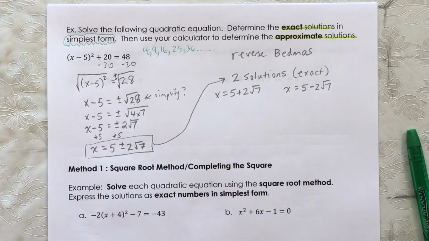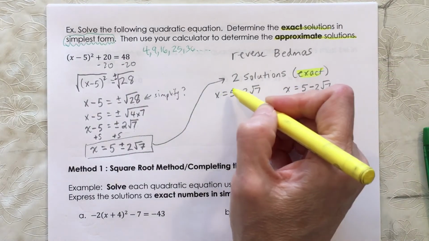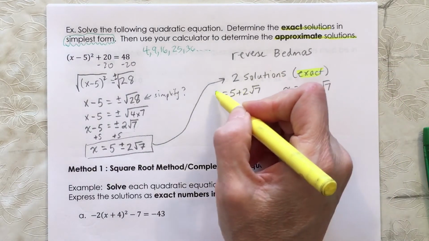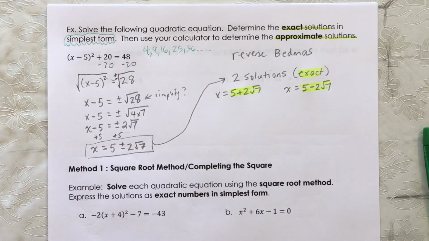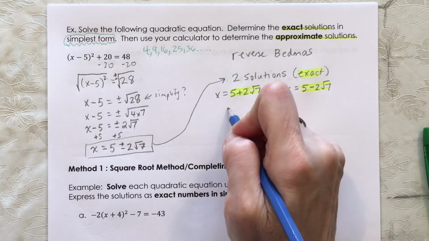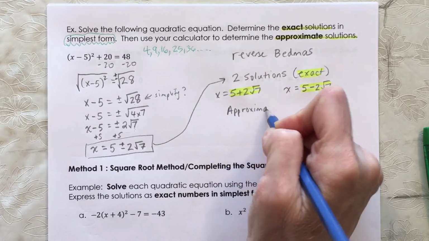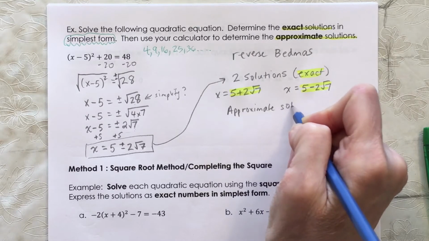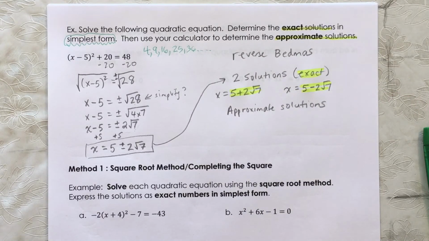But I do want to go over again with you the fact that these would be the exact roots. Okay, so no rounded numbers. These are exactly the solutions. 5 plus 2 root 7 and 5 minus 2 root 7. Sometimes, especially in word problems, they'll want you to also find approximate solutions. And that's where you go to your calculator and you actually type that in.